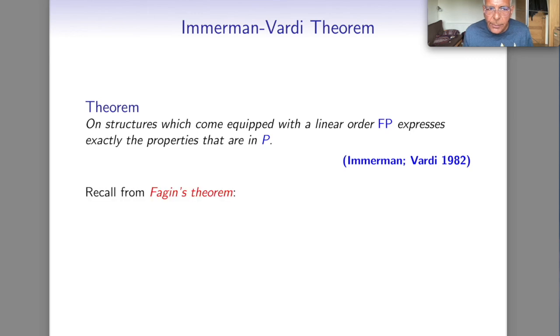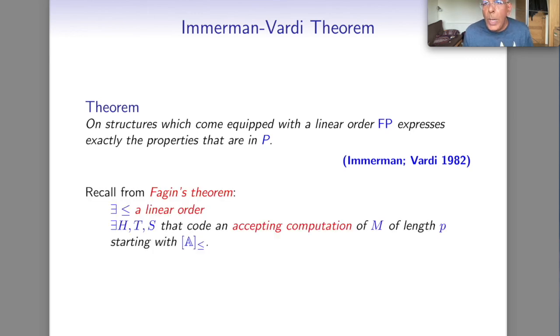In the other direction, remember from Fagin's theorem, we said that if you have a non-deterministic machine M and a polynomial P, you can write down an existential second order formula which defines exactly the structures which can be coded into a string accepted by the machine. And the formula of existential second order logic looked something like this.